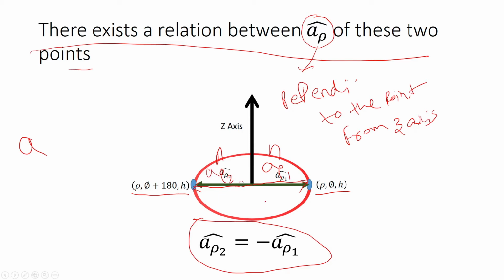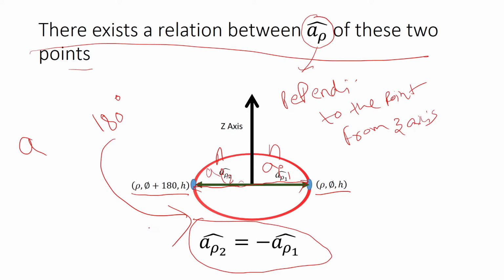I don't think it needs much further explanation. So let us move on. So this is a symmetry in the cylindrical coordinate system. Pardon me. That if there are 2 points separated by 180 degrees, then their unit vectors would be opposite.